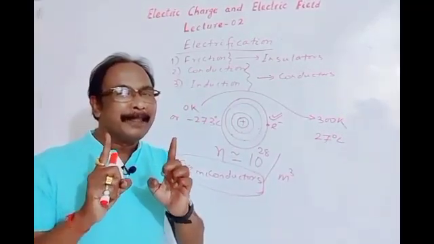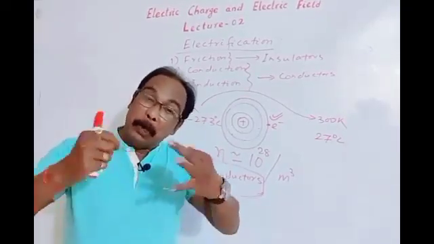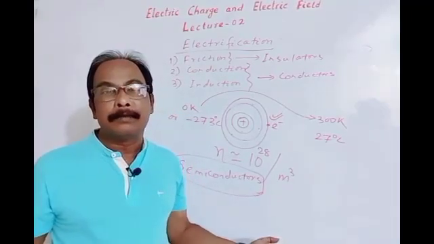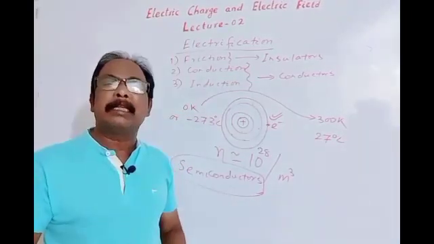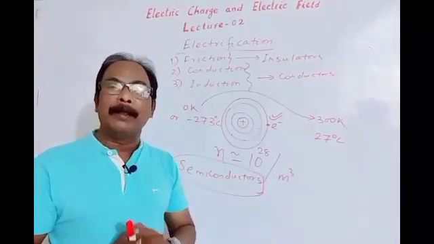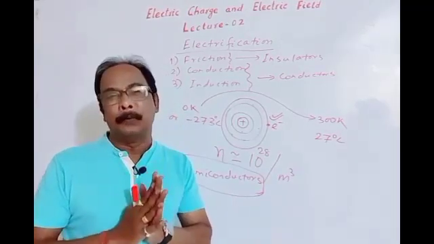The more the conductivity, the better is the conductor. The less the resistivity, the better is the conductor. So for a good conductor, conductivity is high and resistivity is low.